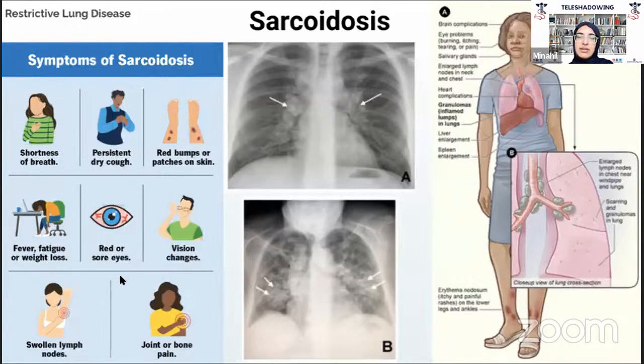The joint and bone pain also affects the skin. So it's very broad ranging. Pulmonary fibrosis and cardiac sarcoidosis can lead to morbidity and mortality if it's affecting the lungs or the heart. That's why I wanted to bring it up in the pulmonary lecture, even though it affects many other organ systems.